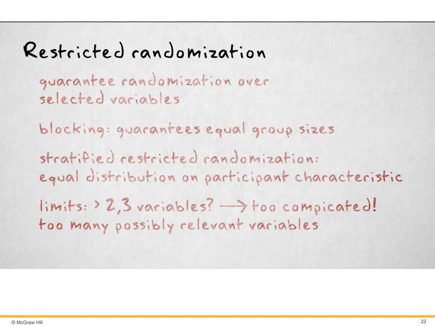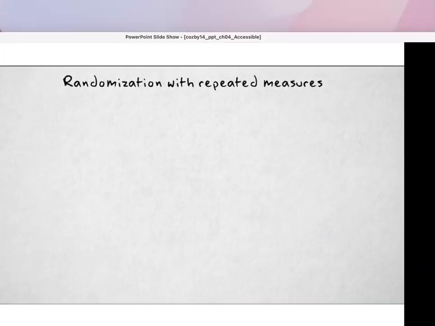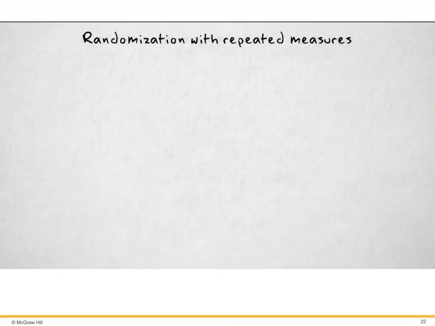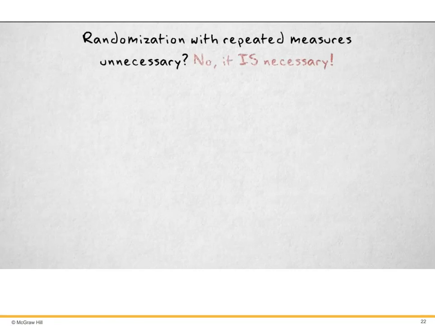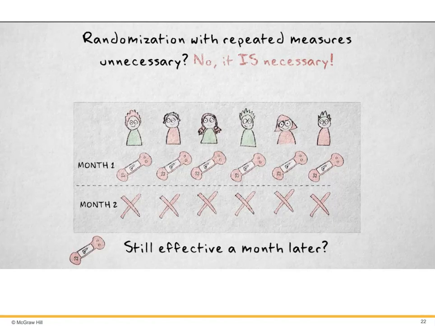I have one final remark about randomization in repeated measures designs, concerning within subjects designs, where all subjects are exposed to all of the conditions. In this case, randomization might seem unnecessary, but this is not the case. If all subjects are exposed to the conditions in the same order, then any effect could be explained by maturation, or some sort of habituation effect that spills over from one condition to the other.